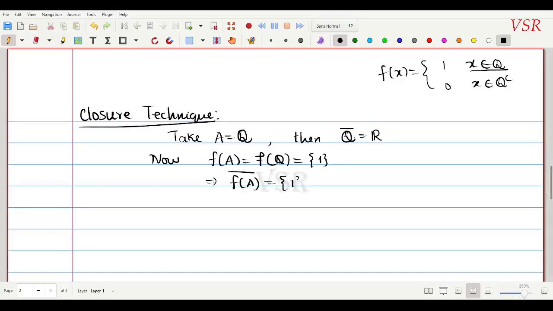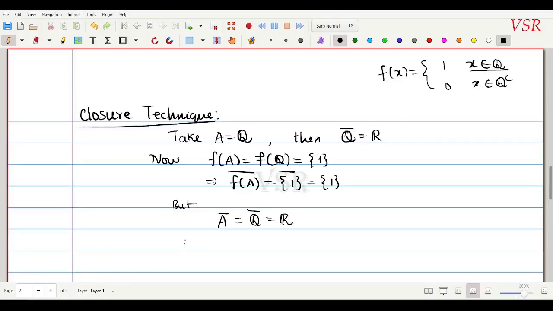ஓகே, சரி, இப்போ therefore this implies that f of A the whole closure which is equal to singleton 1 the whole closure, and we know that every finite set is closed, therefore it is equal to 1. Okay, closed set ஆகுதுன்னா A is closed if and only if A equal to A closure. But what is A closure, A closure which is equal to Q closure which is equal to R. Correct?